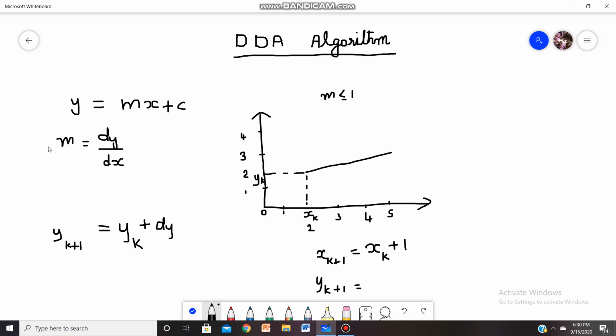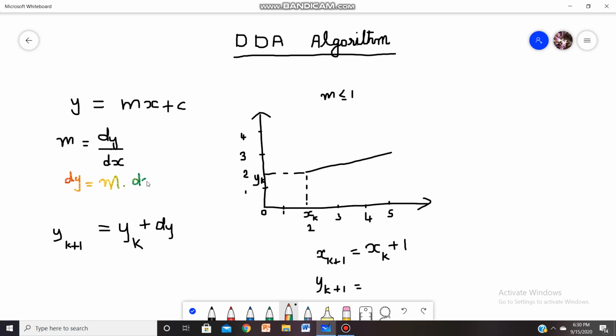And from this equation, m is equal to dy by dx, I can write what dy will be. Just cross multiplication. When we have m is equal to dy by dx, dy is equal to m into dx.